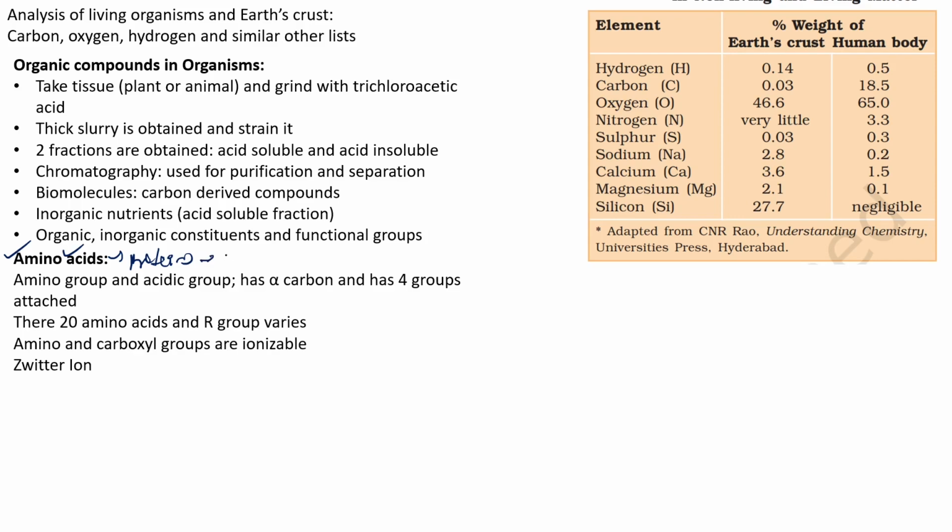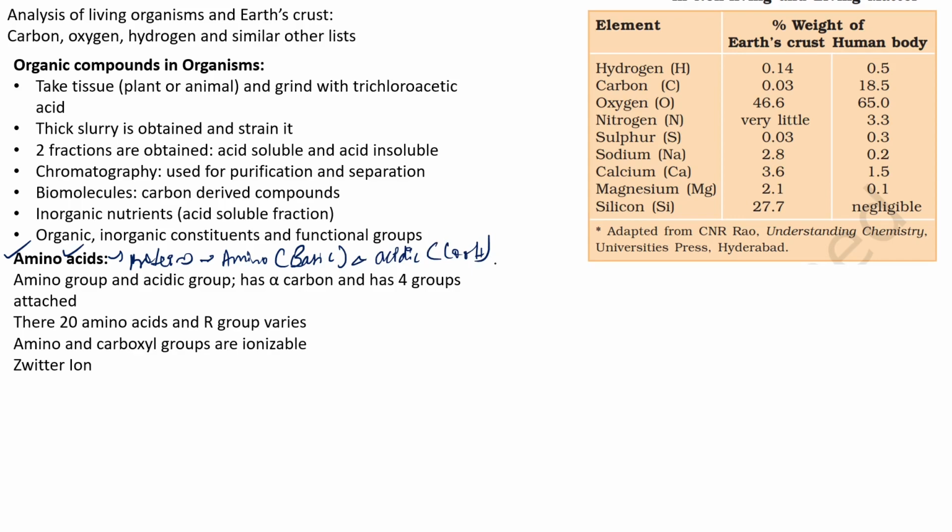Because they have a very interesting property: the amino group, which is basic in nature, whereas the same molecule also has another group, the acidic group, which is generally the carboxyl group in the case of amino acids, right?